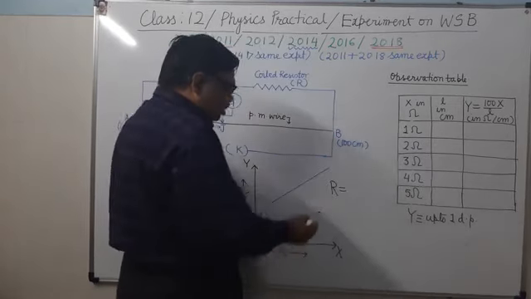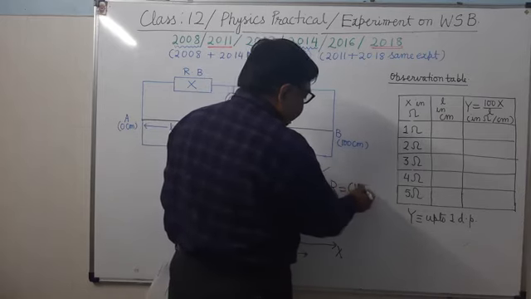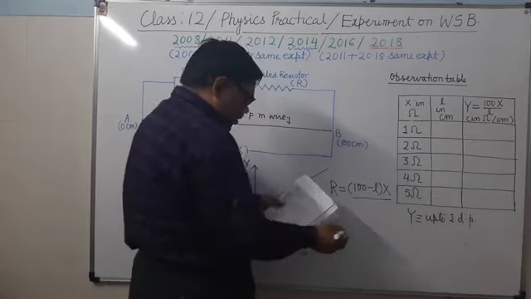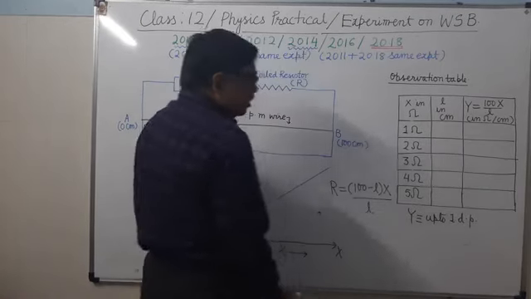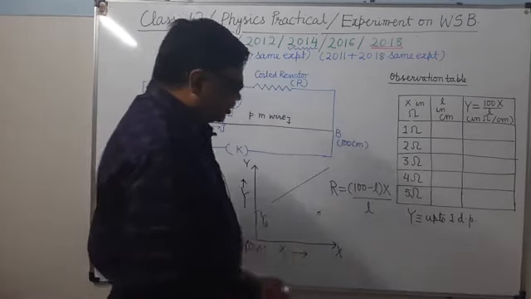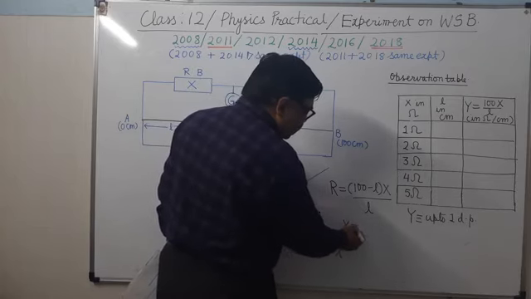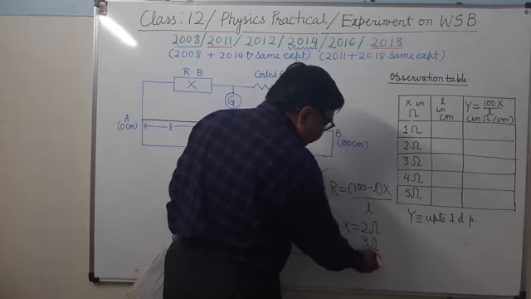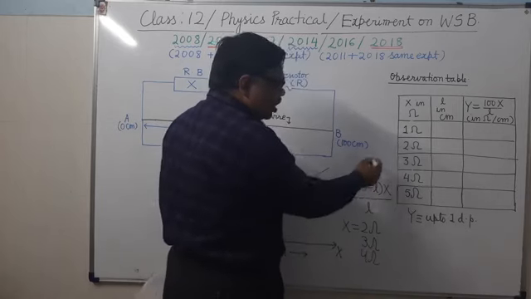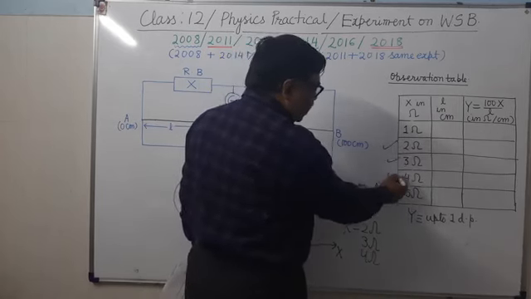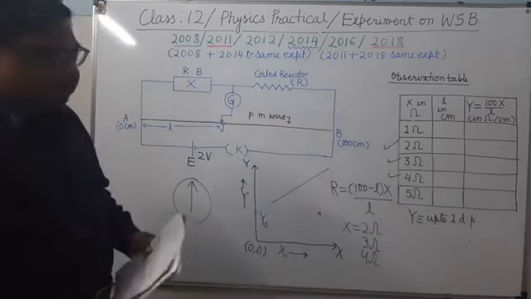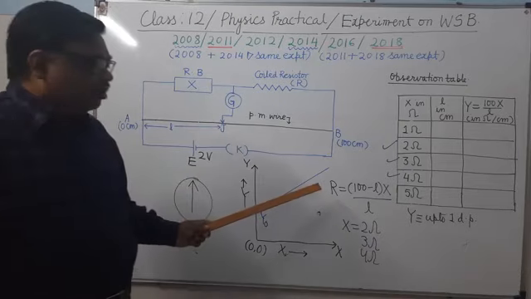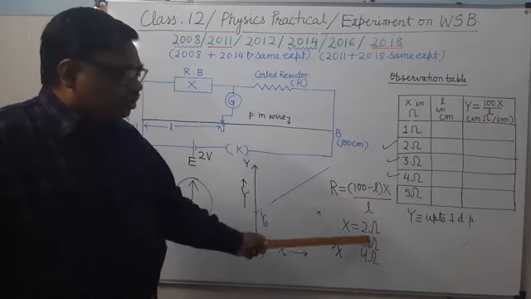Capital R by using this formula, (100 minus L) into X divided by L, for X equals 2 ohm, 3 ohm and 4 ohm. Already you have recorded the value of L from the experiment. You will determine the capital R by using this formula.